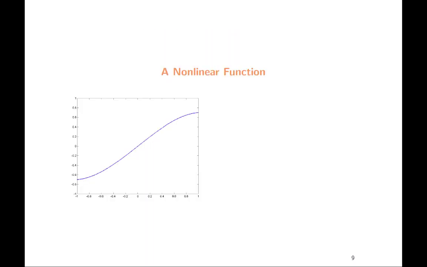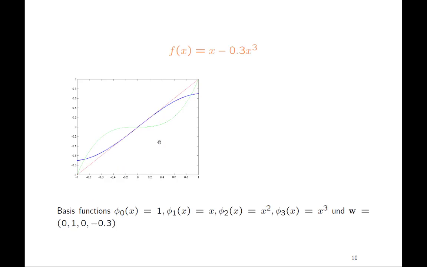And the same issue occurs in regression. Not every function is a linear function. Here's a typical example of something which might be linear for small input values, so around 0, but then saturates. That's a very common behavior.